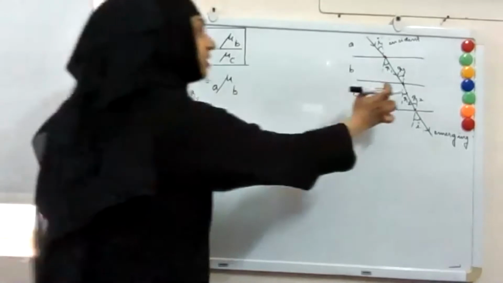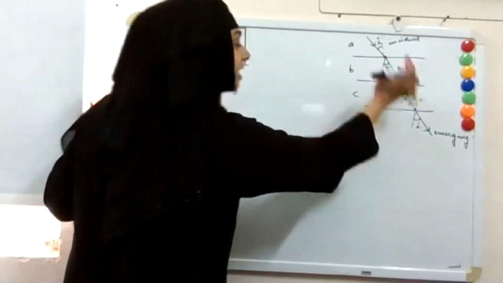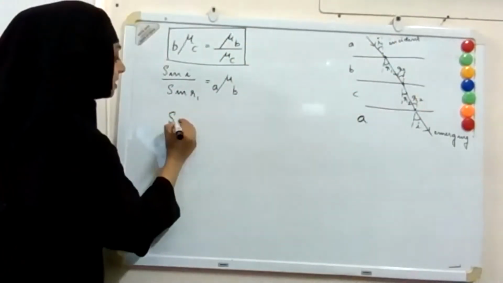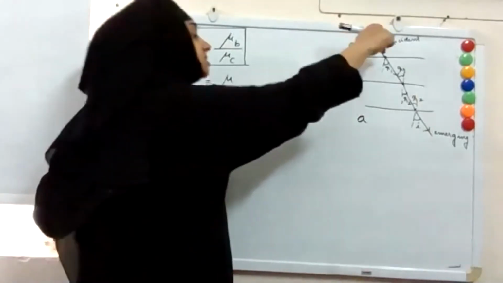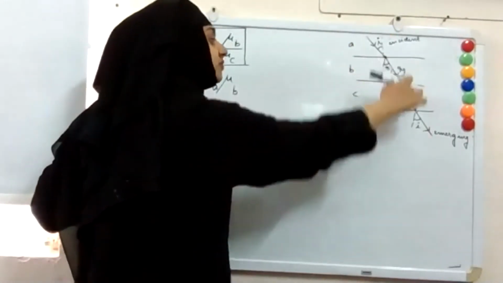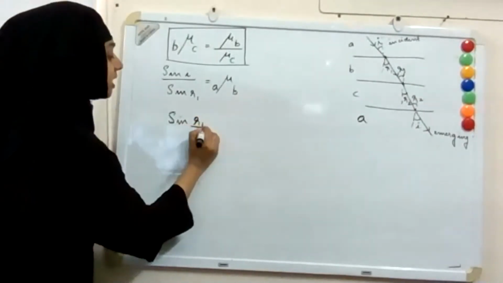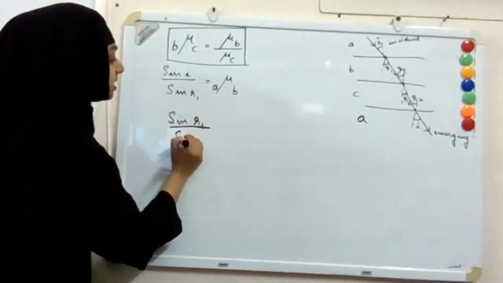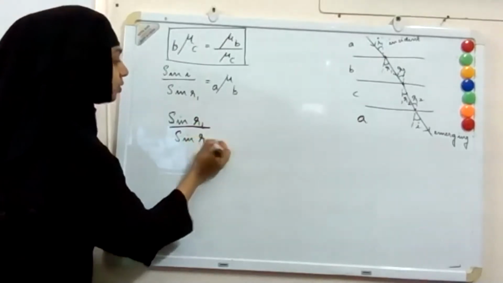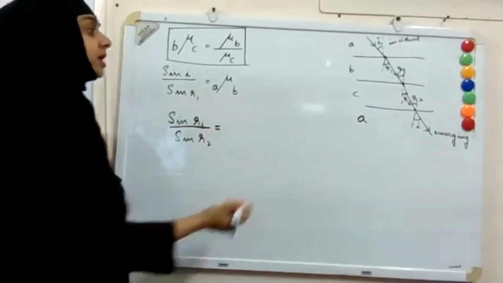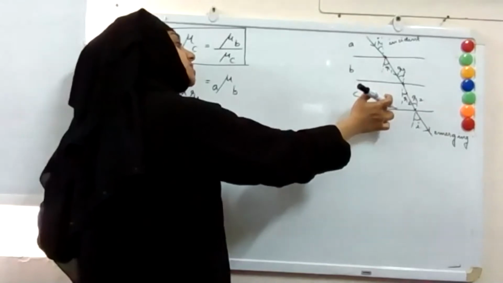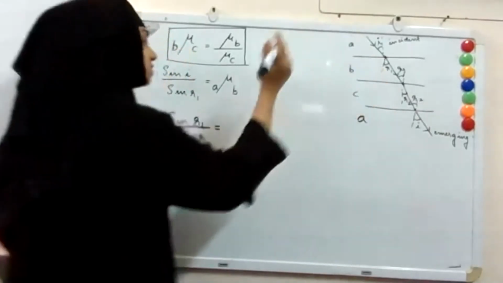Now similarly, when I take the second refraction, the angle of incidence is R1 and angle of refraction is R2. So sin R1 divided by sin R2 is equal to refractive index of the second medium with respect to first medium.